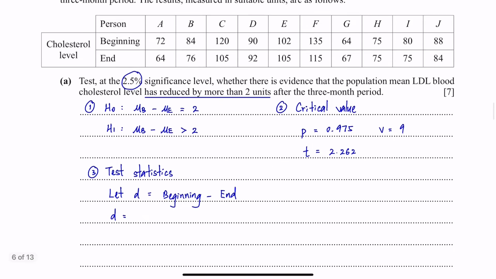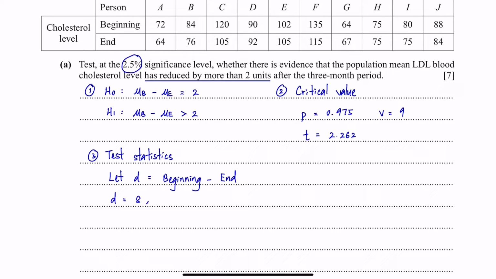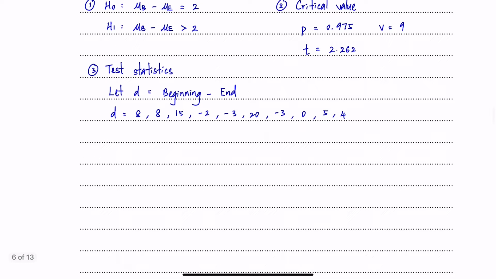So for person A, the difference will be 8. Person B, also 8. Person C will be 15. Person D is negative 2. E would be negative 3. F is 20. G would be negative 3. H would be 0. I would be 5. And J would be 4. So we have found all the differences here.